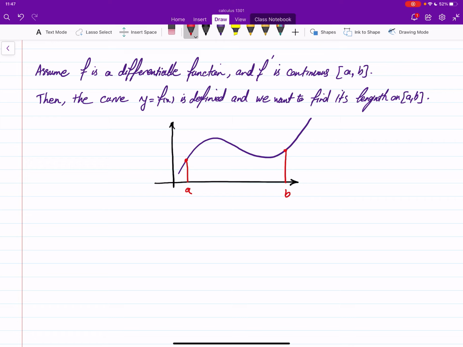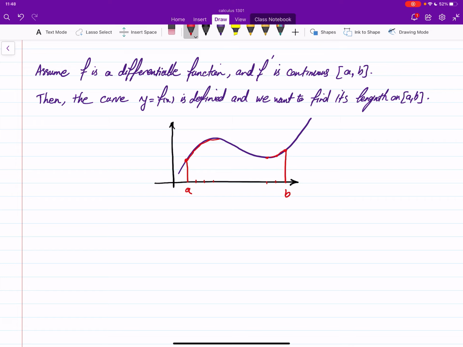What we do here is chop this interval into n equal subintervals, and for each point down there we find a point on the curve. Now we approximate each arc using a straight line segment.